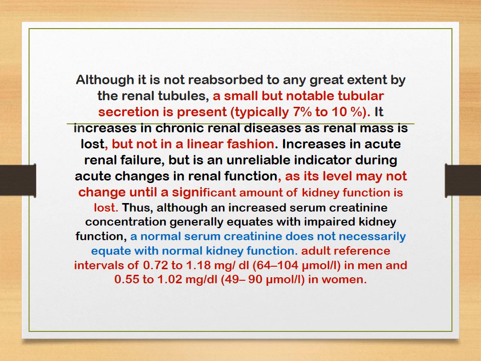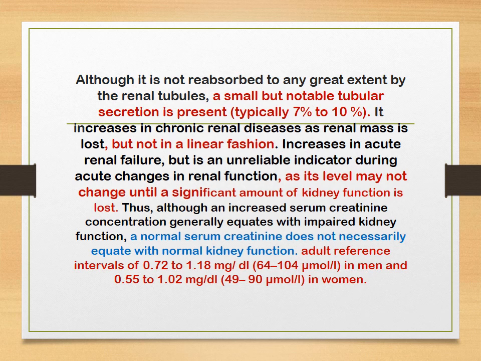Also, creatinine is increased in chronic kidney disease, but not in a linear fashion. That means it will not increase in proportion to the loss of nephron number, and so around 70 to 80% of nephron damage occurs before creatinine begins to increase.